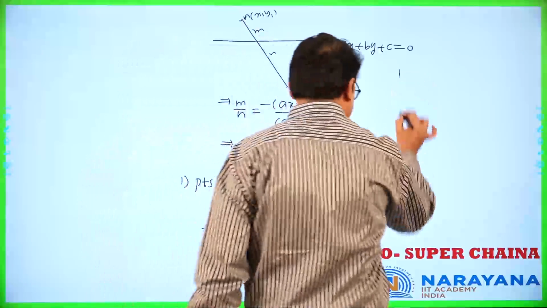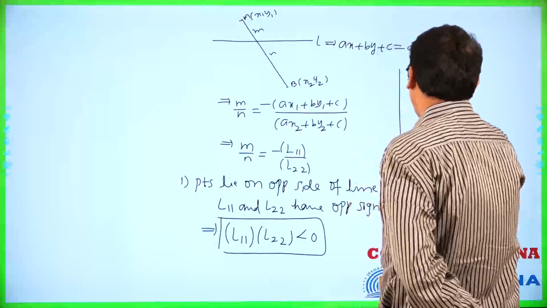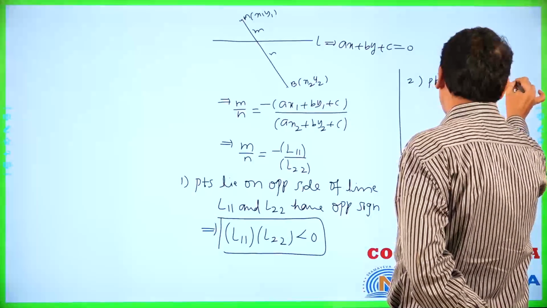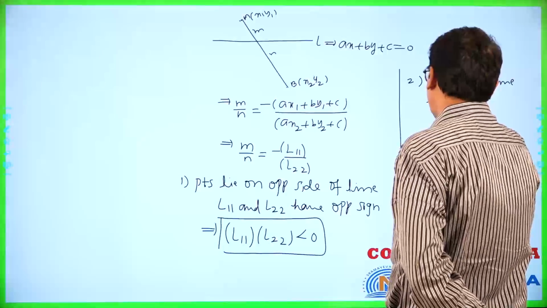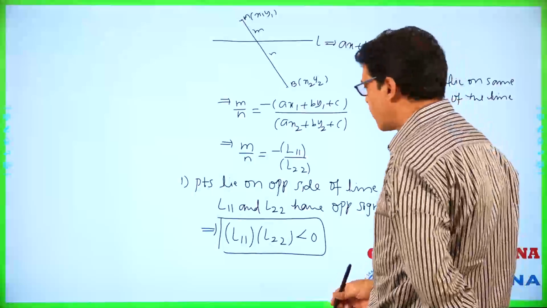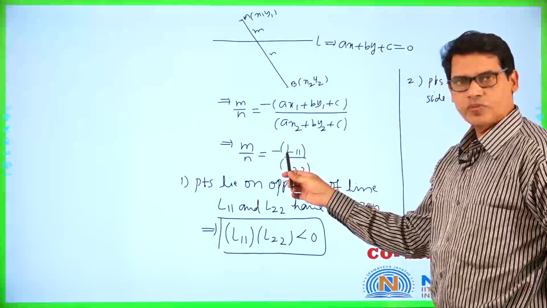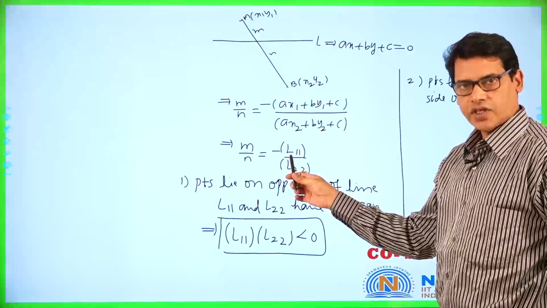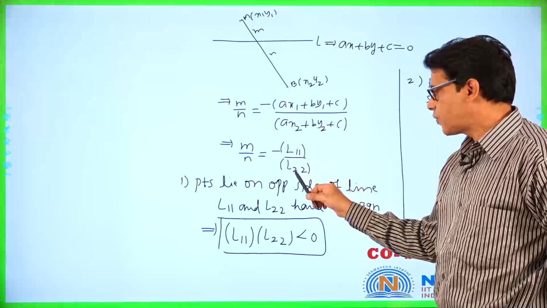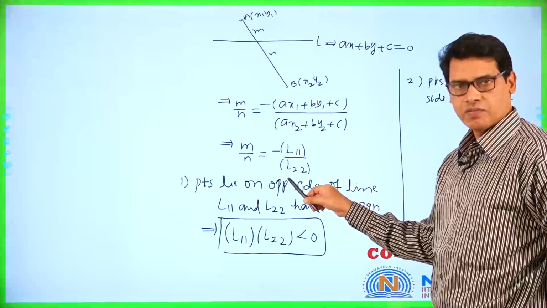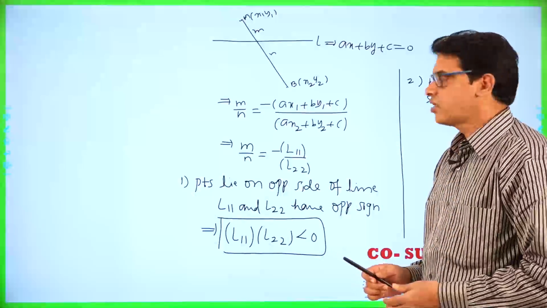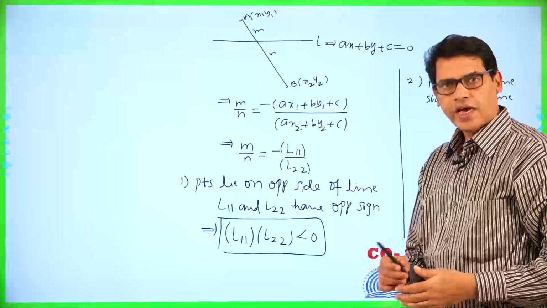Next, the second case. Points lie on the same side of the line. Same side means the ratio must be an external division, so this must be negative. Negative means, since the minus symbol is already there, either plus plus or minus minus, because the ultimate result must be negative. So it is an external division. Points lie on the same side means it is an external division.